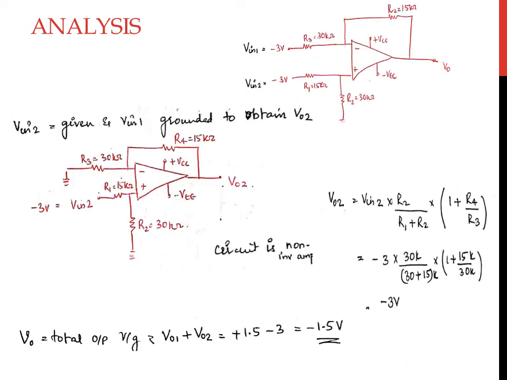Coming to the second part of the superposition theorem, here we give input Vin2 and Vin1 is grounded to obtain Vout2. The circuit is equivalent to a non-inverting amplifier, and we obtain the output voltage Vout2 to be equal to minus 3 volts. So, the total output voltage will be the sum of the individual output voltages Vout1 and Vout2, which is equal to minus 1.5 volts.